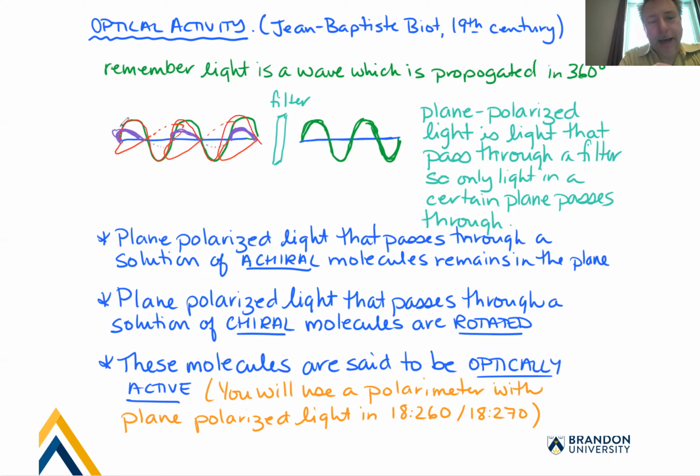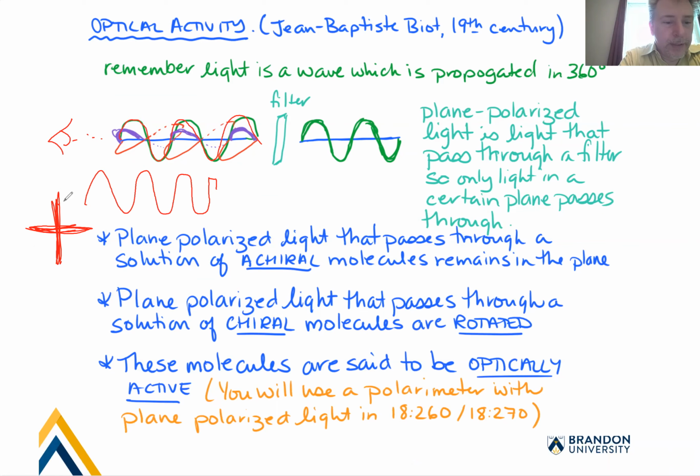And we draw it in that perspective, up and down, because it's the easiest one to draw. But if we were to look at this head on, like a Newman projection, some of the light would be traveling this way, some this way, some like this. It would be in every direction.